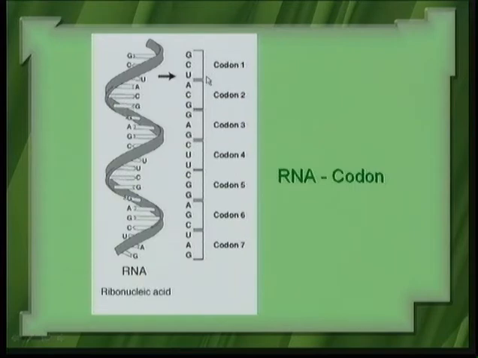If you look onto the table in your textbook and look up GCU, that codes for a particular amino acid known as alanine. Now ACG will code for threonine. GAC will code for aspartate or asparagine, depending on what form that particular structure is in. So each sequence of 3 bases will code for a specific amino acid.